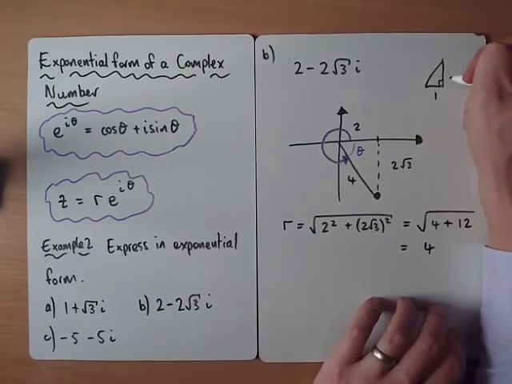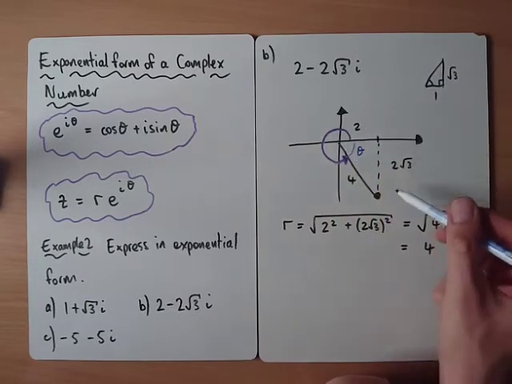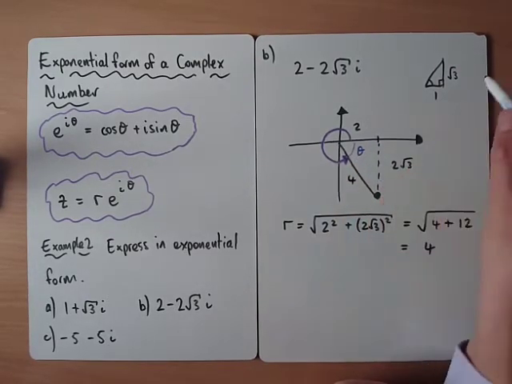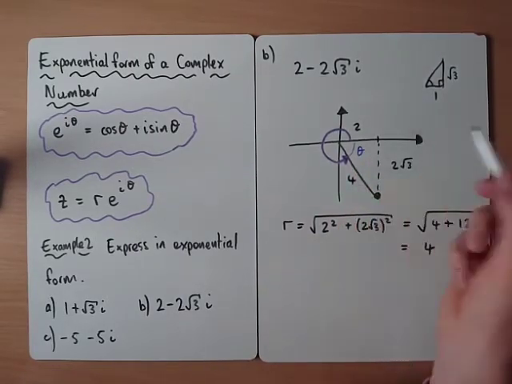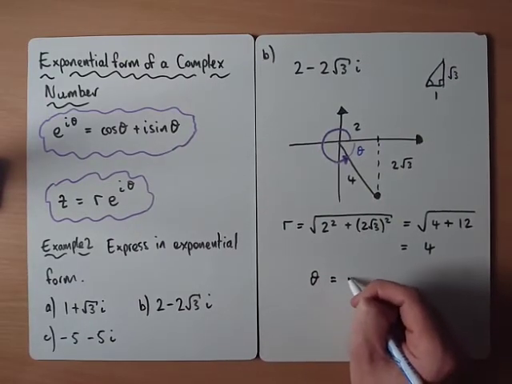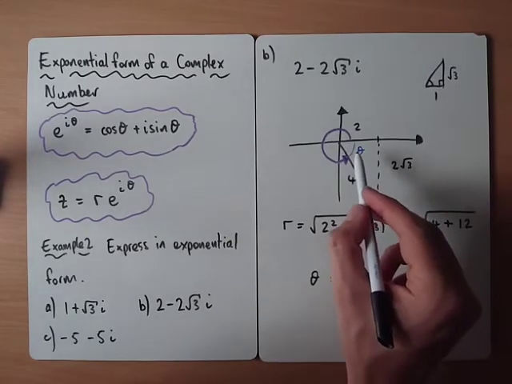If that was 1 and root 3, that angle there was pi over 3. So if I've got 2 and 2 root 3, that angle is also going to be the same ratio, so it's going to be pi over 3. But again, just use tan or sine or cos if you want, but we'll end up with theta equals pi over 3. And be careful here, actually, that's not my answer, is it?